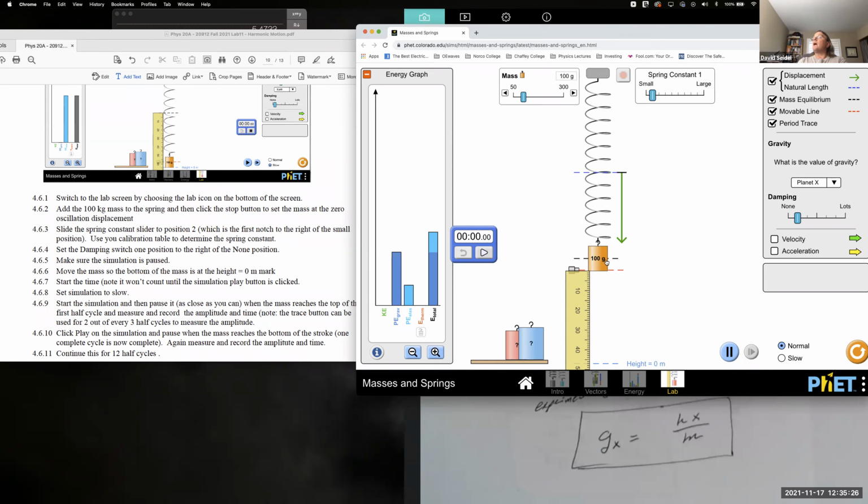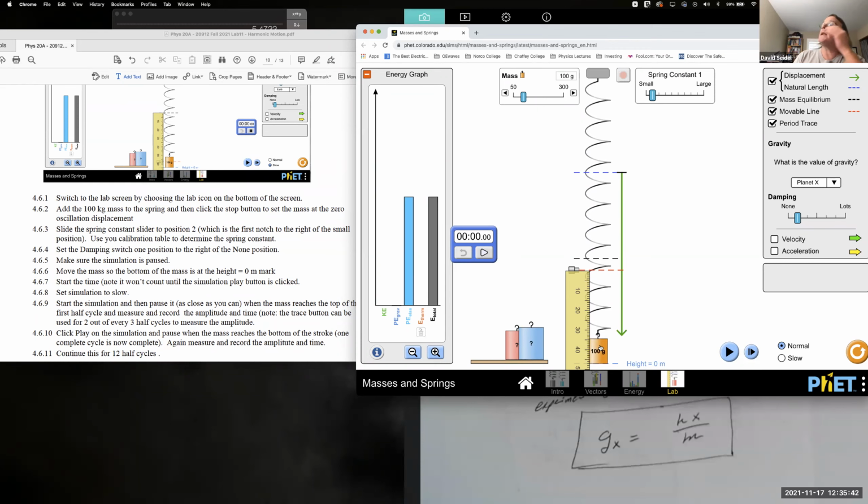So we're going to start with, we're going to pause it. We're going to start it at the height equal to 0 mark. Okay, so it's at a height equal to 0 mark. And we're going to go one position to the right.